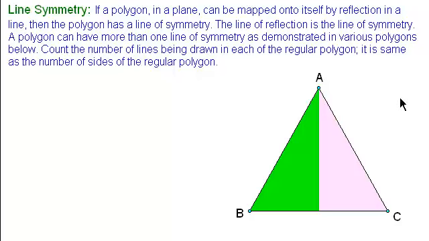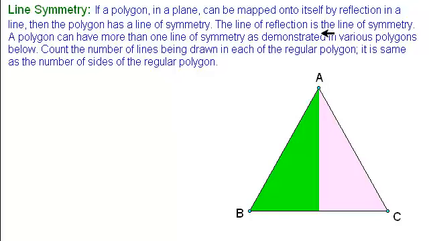The focus of this video is line of symmetry in geometry. If a polygon in a plane can be mapped onto itself by reflection in a line, then the polygon has a line of symmetry.